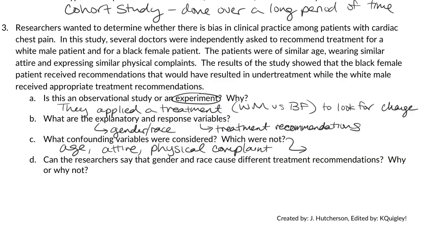Which confounding variables were not considered and could be lurking in this experiment? What are some things that might change what treatment you're given that we did not control for? Allergies. What else?